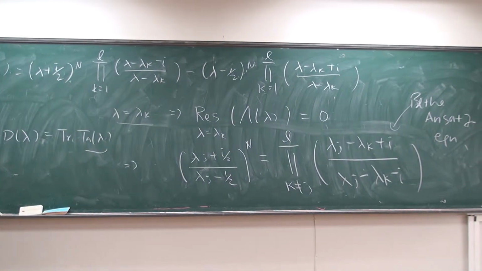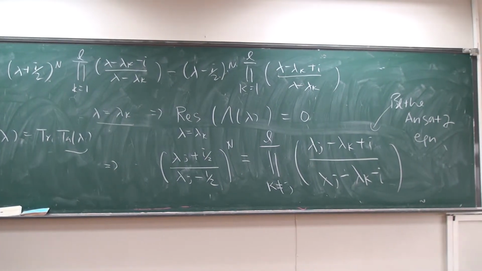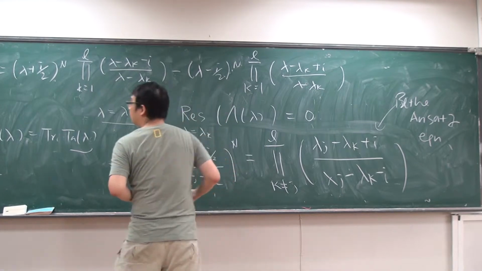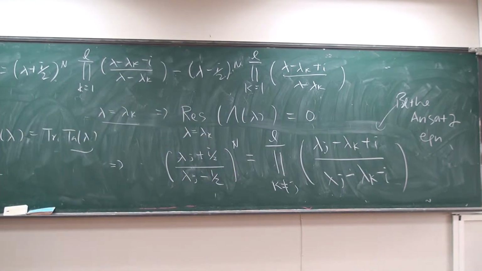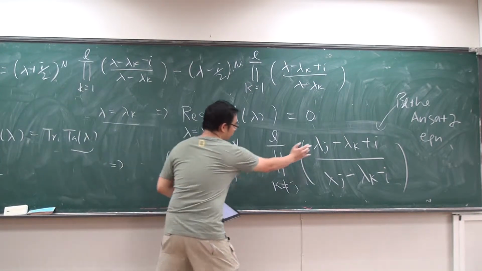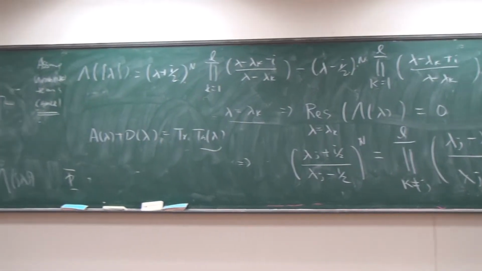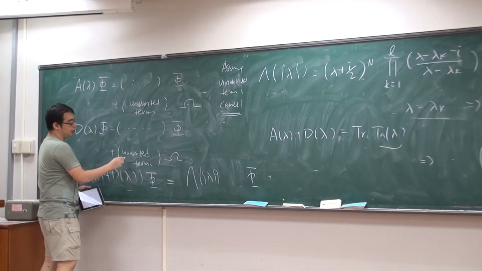And of course, what miraculously you see is that, in the notes I write out what the unwanted terms are. This equation is precisely, if you multiply this to this, this to this, the sum of the coefficients of this plus this.